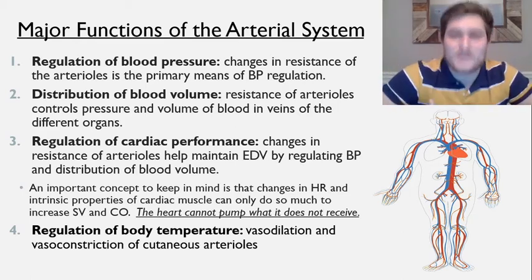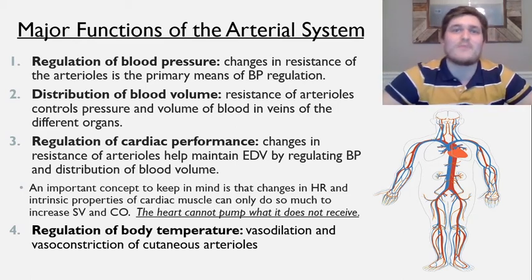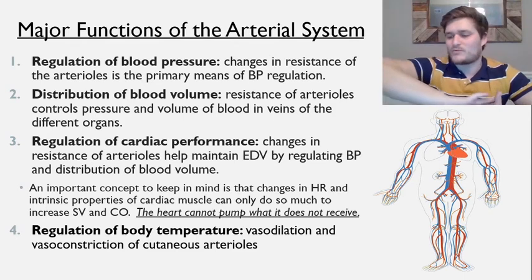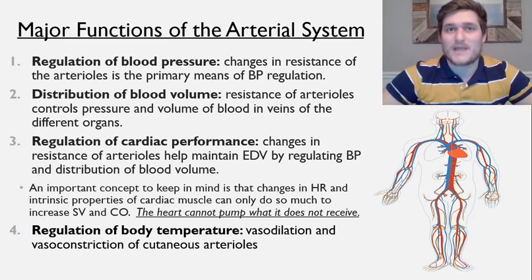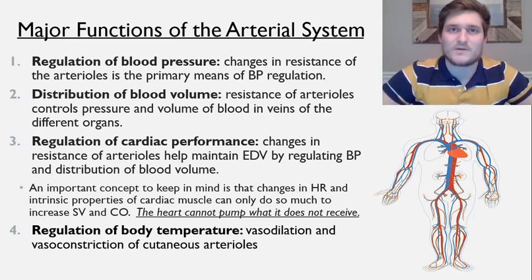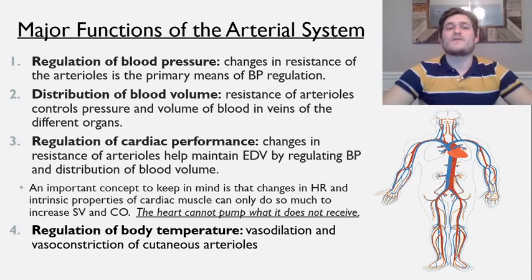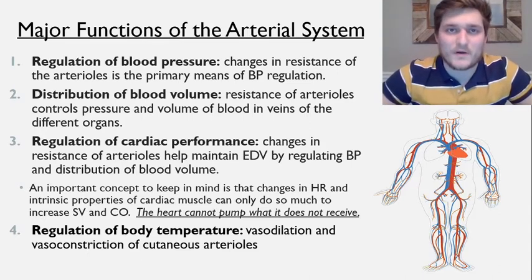The arterial system basically dictates how much blood is going to be delivered to all these areas of the body, based on the size of those arterioles and how much resistance to blood flow there is.